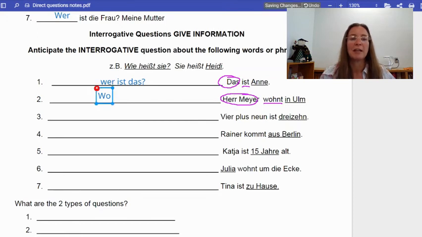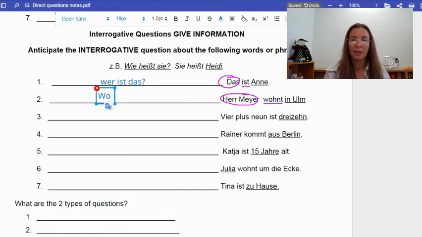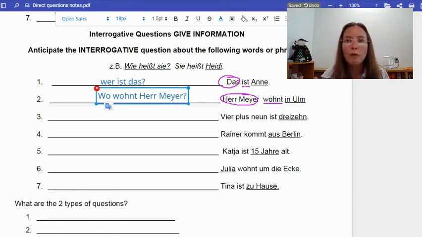So I'm going to use that information when I continue this question. I'm going to use my question word, my verb wohnt, and then Herr Meier. Wo wohnt Herr Meier? Herr Meier wohnt in Ulm. Just reinforcing that we use inverted word order with our interrogatives and also just practicing the meaning of them as well. Okay? I'm going to do number 3 with you, and then you're on your own.